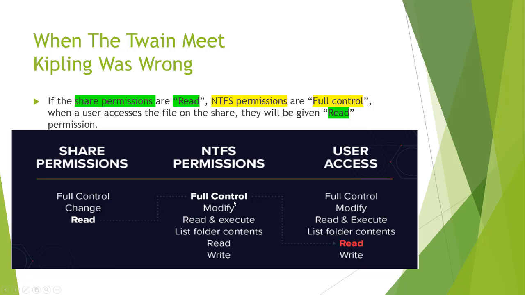That's why it's so important that you are cognizant of what you're doing in share permissions as well as in NTFS permissions. Especially share, because if you really lock that down, then no matter what you do in NTFS, you're still going to end up with just share permissions. So it's important to pay attention to what you're doing, and, just a personal opinion, make sure that the most restrictive permission you're using is in NTFS.